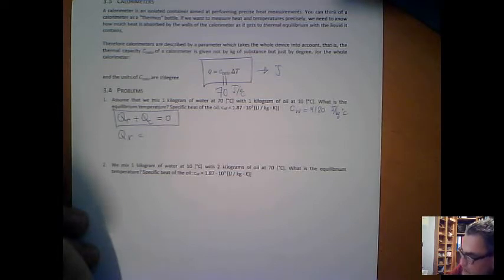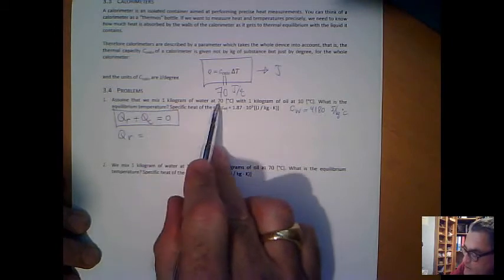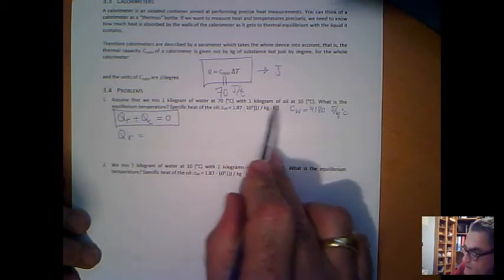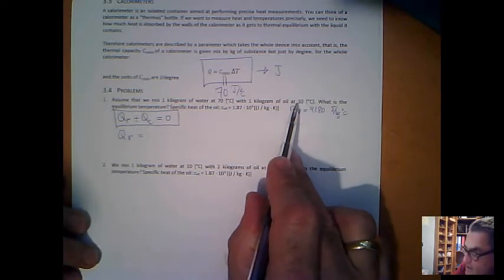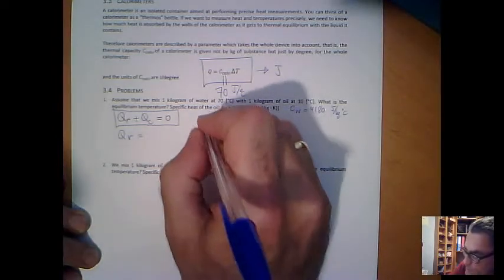Well, maybe you misread the exercise. The water is at 70 degrees and the oil is at 10 degrees. Yeah, okay. The oil is cold, the water is warm, okay?